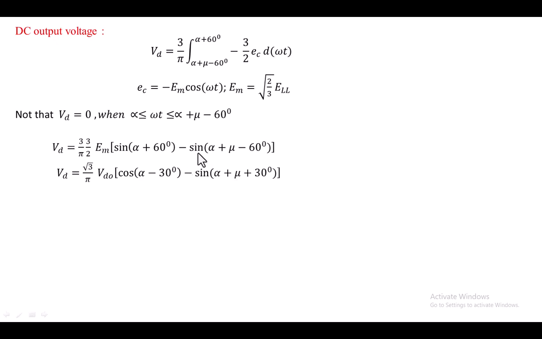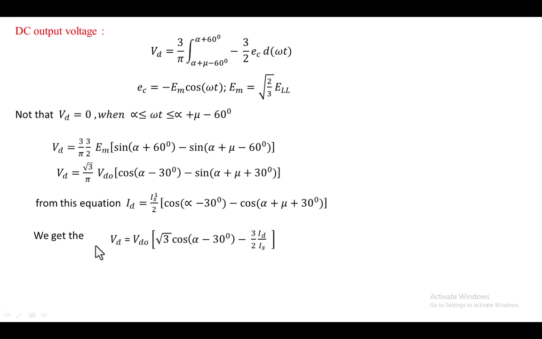We just change this one; we represent the same equation in terms of the cos. So just now we have derived this equation. By using this equation, if we simplify the voltage given by the converter with an overlap angle more than 60, we are getting Vd equal to Vd naught root 3 cos of alpha minus 30 degrees minus 3 Id by 2 Is.